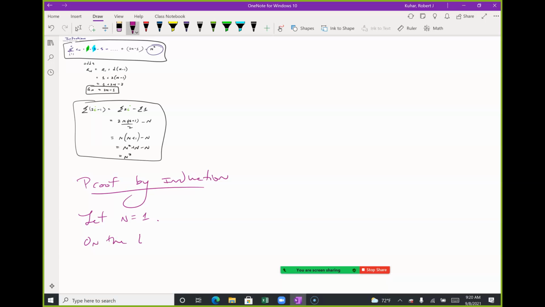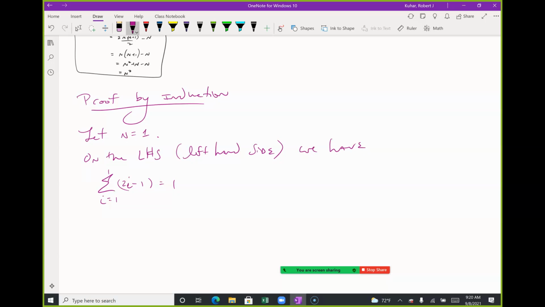On the left-hand side, we have the sum of i equals 1 to 1 of 2i minus 1 equals 1, right? It's just the sum of the first odd number. On the right-hand side, we have 1 squared, which equals 1. So it works for n equals 1.